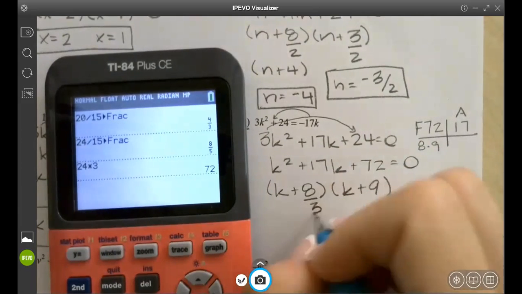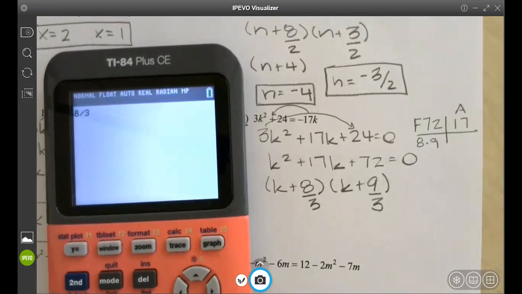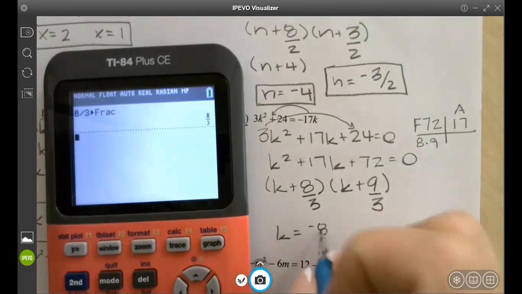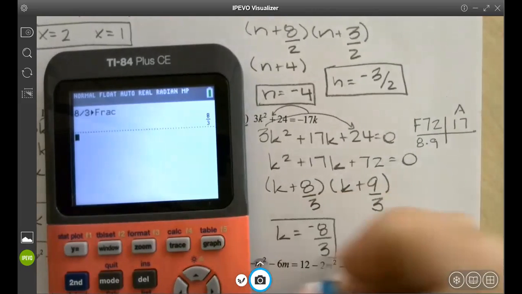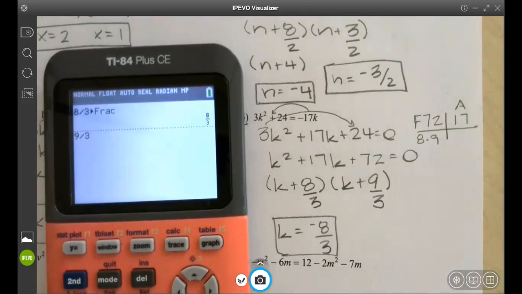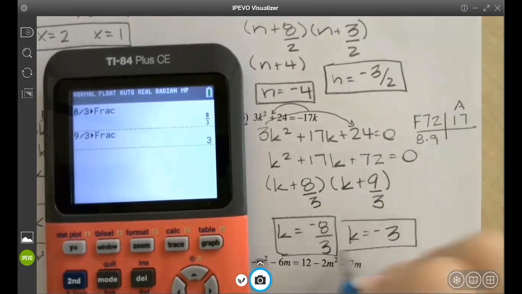So I moved a 3 in the beginning. Put that first one in, 8 over 3, math, enter, gives me 8 over 3. It didn't change. So my answer is going to be negative 8 over 3. Nine over 3, math, enter, gives me a positive 3. So my answer is going to be negative 3.